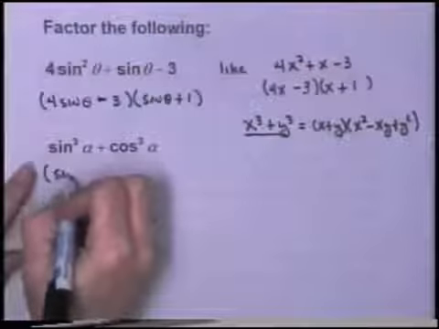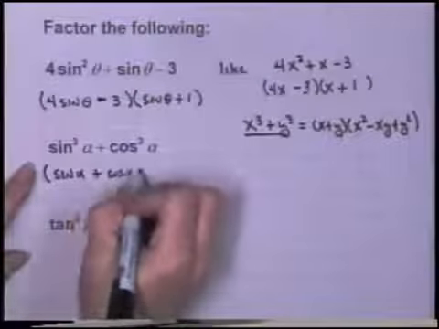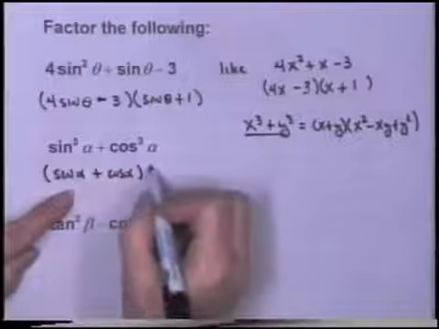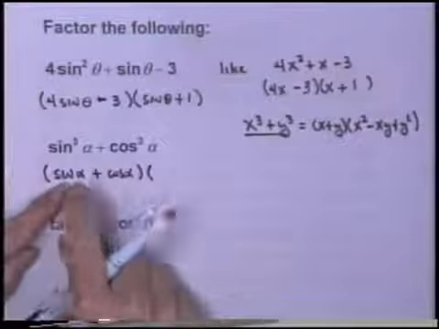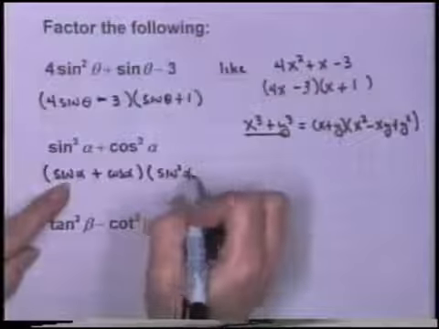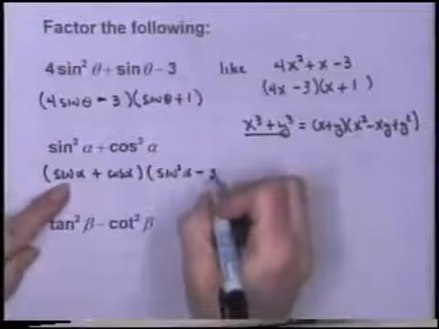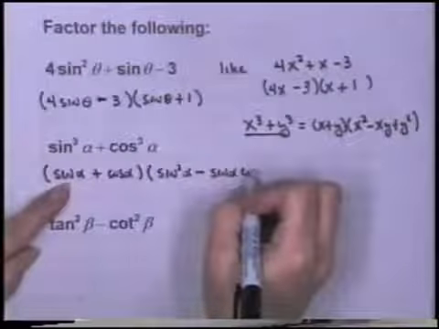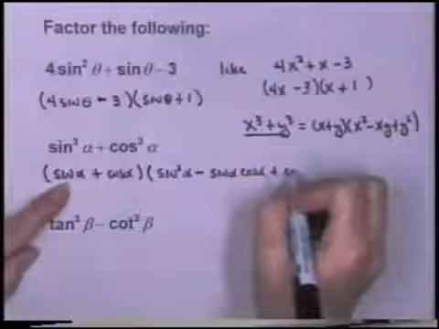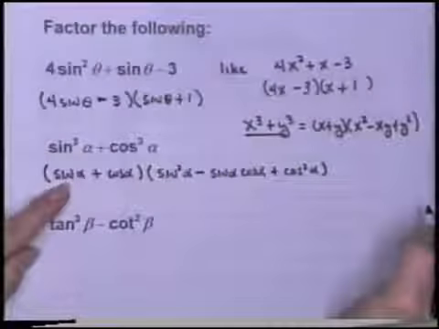So we're going to apply that here. My cube roots would be sine alpha and cosine alpha, and because my problem has a plus sign, I'm putting a plus sign between those. Now, for our second factor, we're going to square what we have here, so that will be sine squared alpha, opposite sign, multiply these two, so I have sine alpha times cosine alpha, and then we square this last one, plus cosine squared alpha.